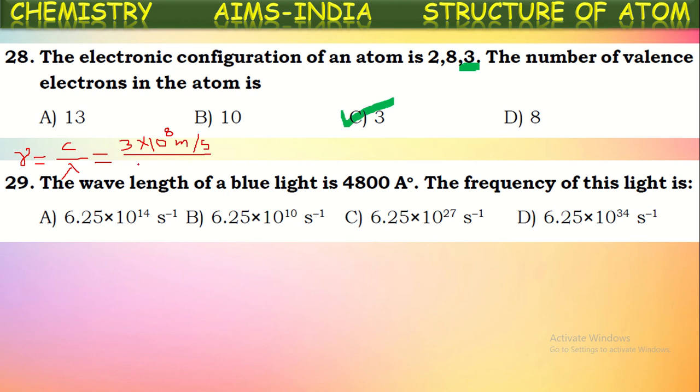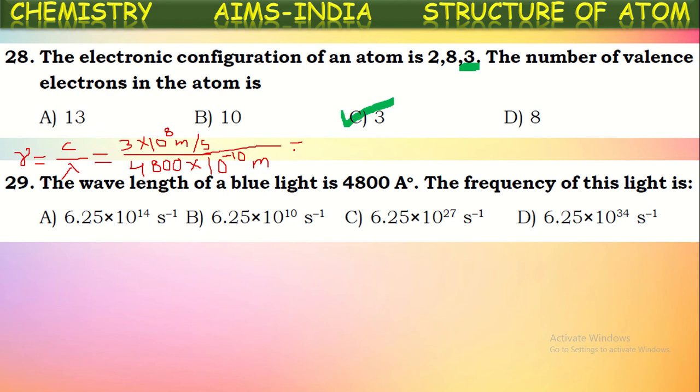This is the velocity of light, c value. And the lambda value they have given as 4800 angstroms. So velocity of light is taken in SI units, so let us convert this also into SI units. We know 1 angstrom is equal to 10 to the power of minus 10 meters. So if you multiply this with 10 to the power of minus 10, this total value converts into meters now.